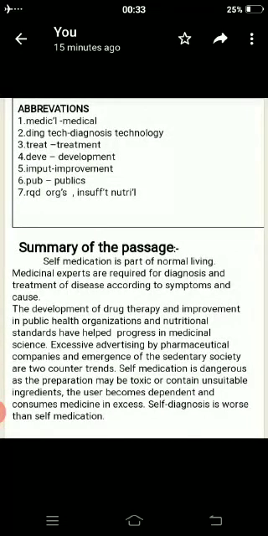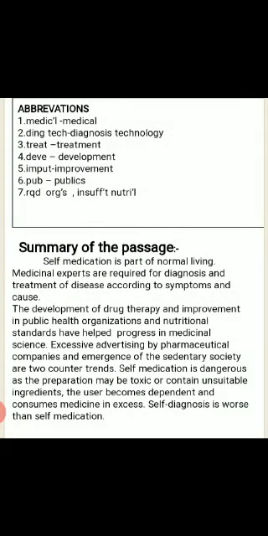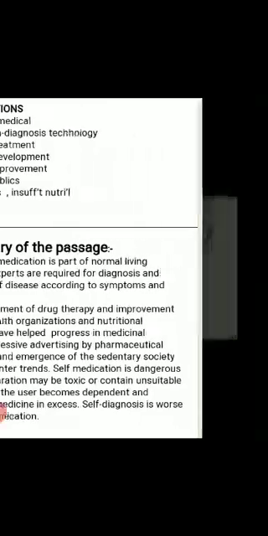And here you can see, students, the key to abbreviation, a box is there, and seven abbreviations have been used. And lastly, the summary of the passage is there, which is very compact, very brief, right? It seems to be within 1/10 of the total passage word limit. So I hope you have understood it. Thank you, class.